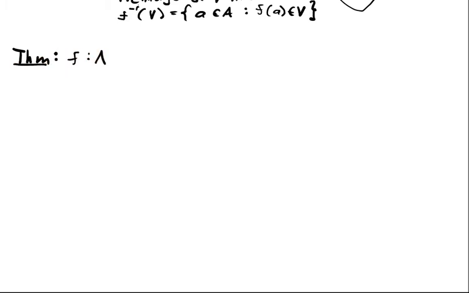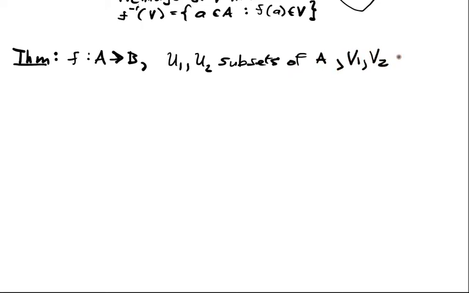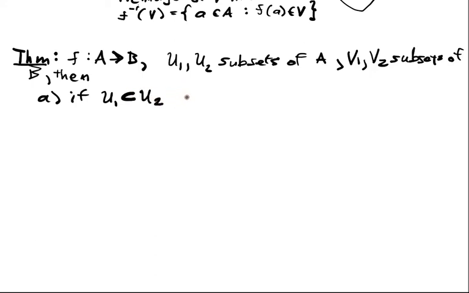So suppose we have f from A into B, and that U1, U2 are subsets of A, and V1, V2 are subsets of B. Then we have the following things holding. (a) If U1 is a subset of U2, then f of U1 is a subset of f of U2.